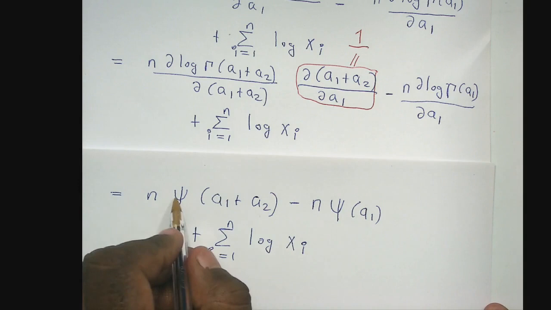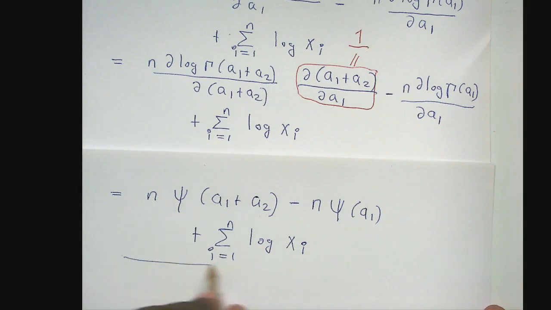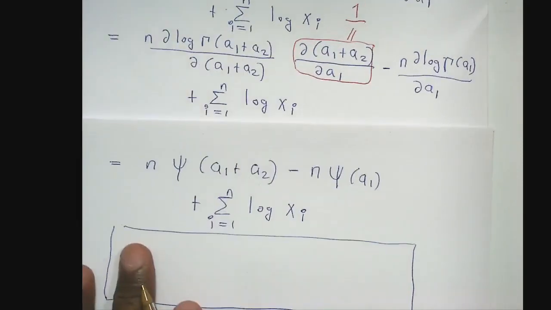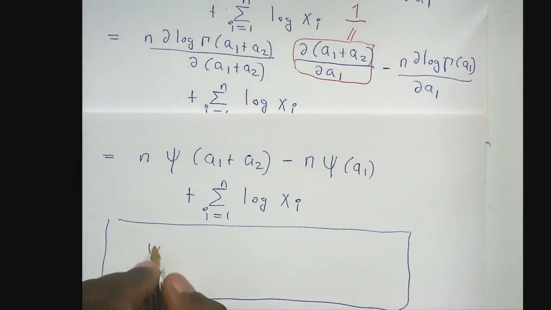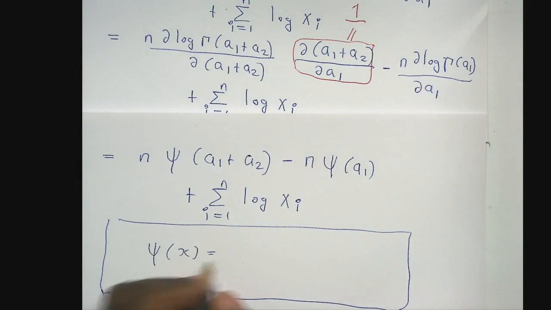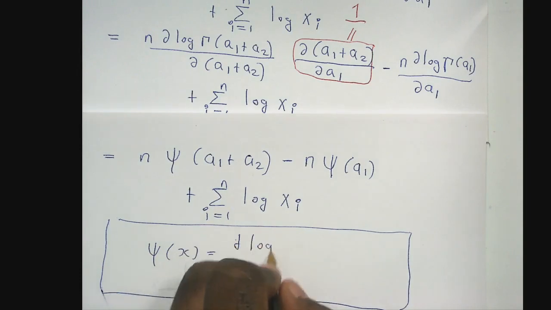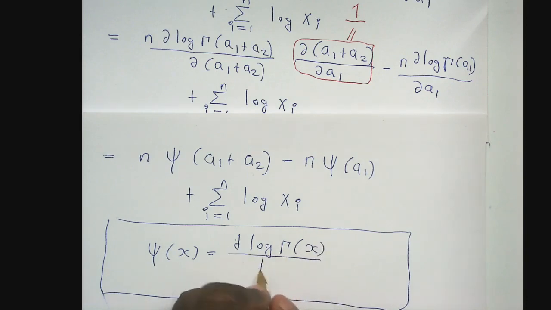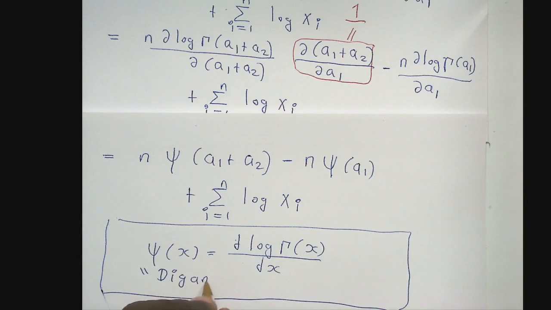Right, the notation psi. Let me put this in a box, guys, so you can see this. The notation psi is defined as this, is known as the digamma function.